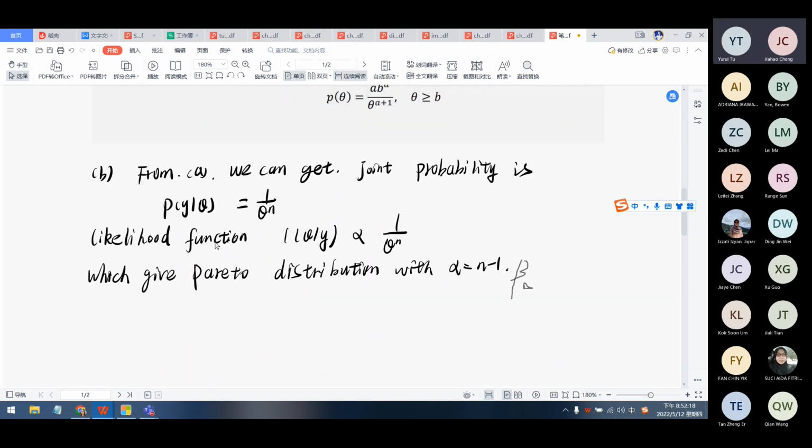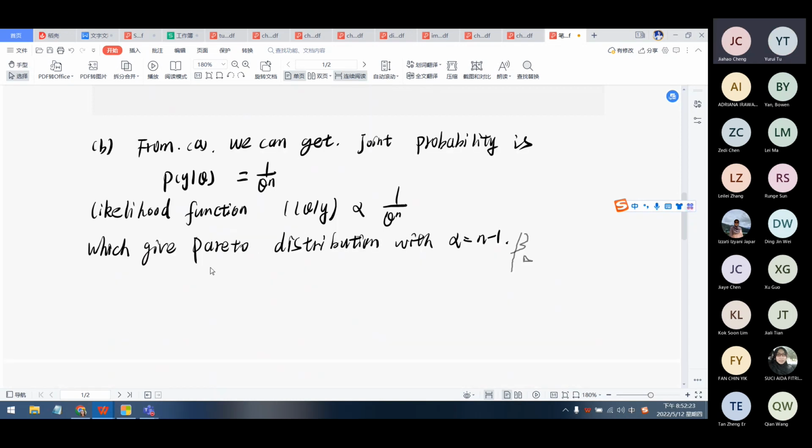So the likelihood function is this, which gives a Pareto distribution with alpha equal to n minus 1 and beta 0. Because I don't know what this number is, I use beta 0 to replace it.